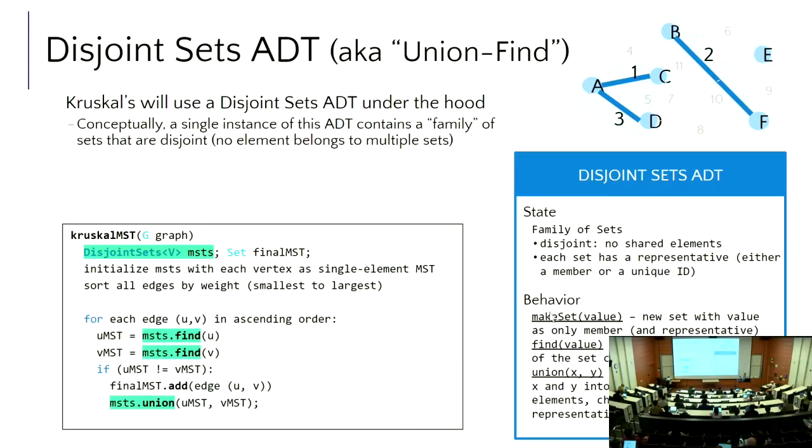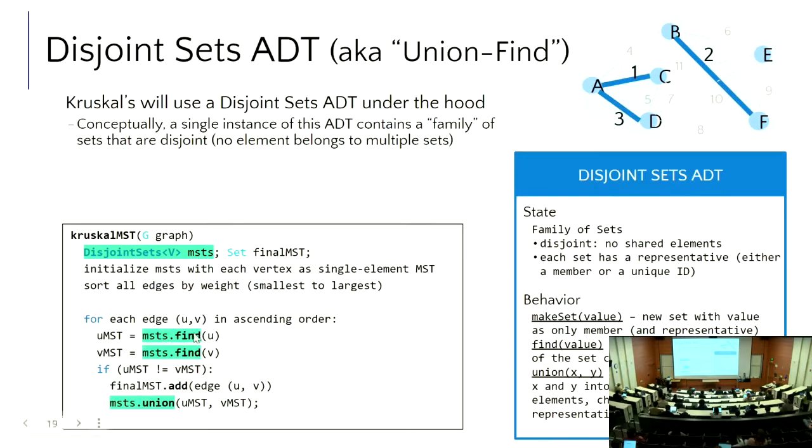Of these sets, you can make a new set with a given value, and you can imagine this makeSet. That's what we're going to run on this line here, where we initialize every vertex as its own independent set. We're going to run makeSet on every individual vertex.